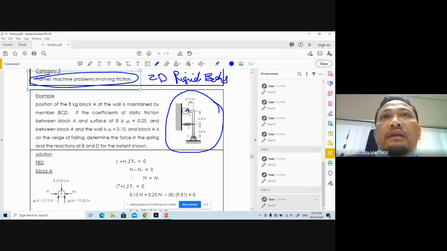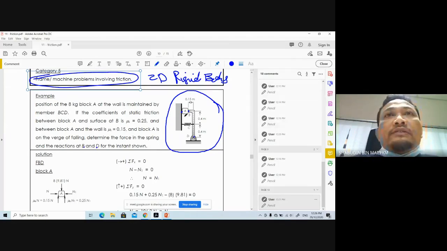The friction between A and B is 0.25, and between block A and the wall is 0.25. Block A is on the verge of falling down. It's not moving yet, so mu s is used. Determine the force on the spring and the direction at B and D.